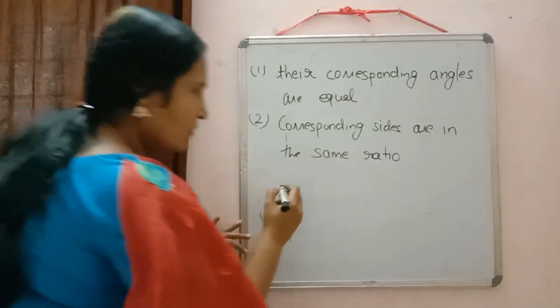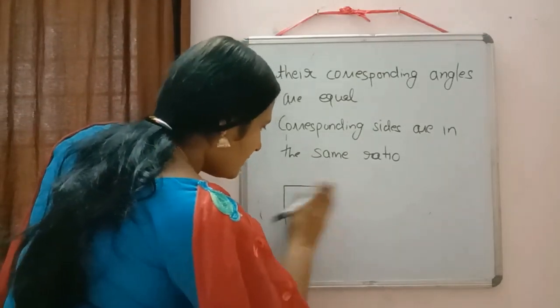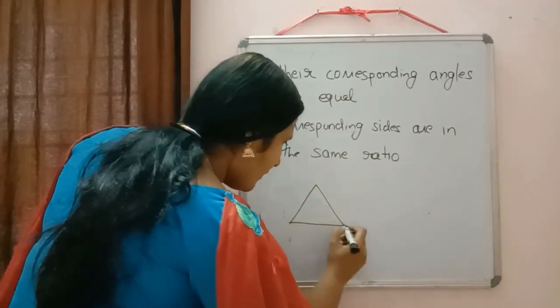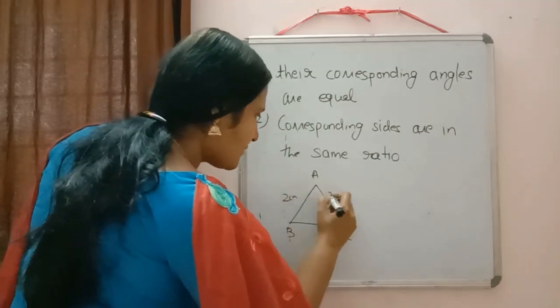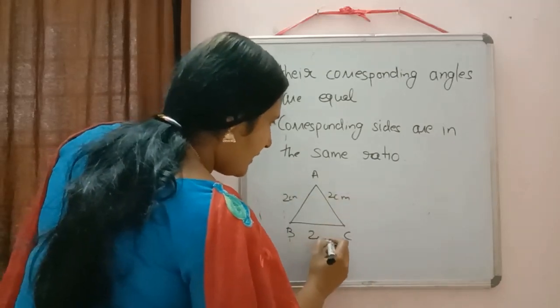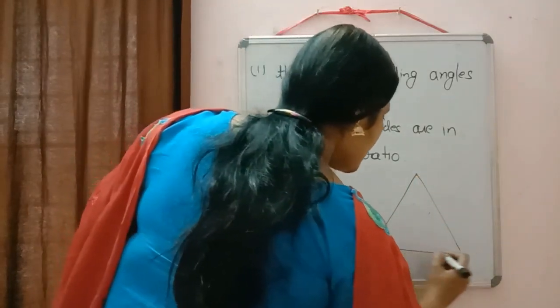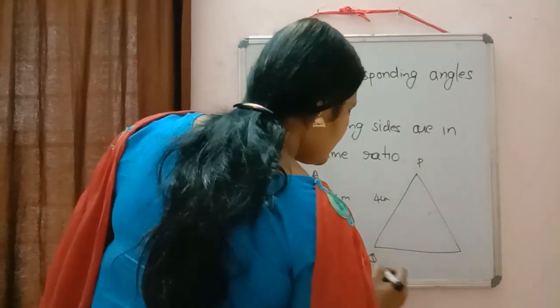Suppose I am giving you an equilateral triangle we can draw. I have drawn an equilateral triangle ABC. Suppose its sides is equal to 2 centimeter, and here another equilateral triangle I am drawing whose sides is equal to suppose 4 centimeter.